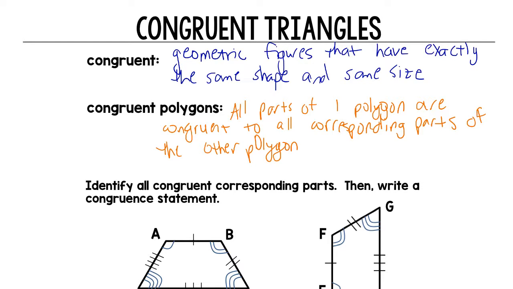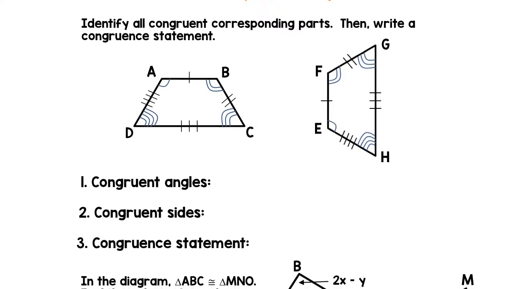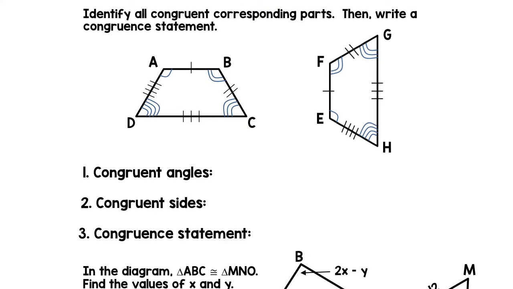That means angles and sides. So everything about the polygons is the same if they're congruent. So we want to identify all congruent corresponding parts, then write a congruence statement.